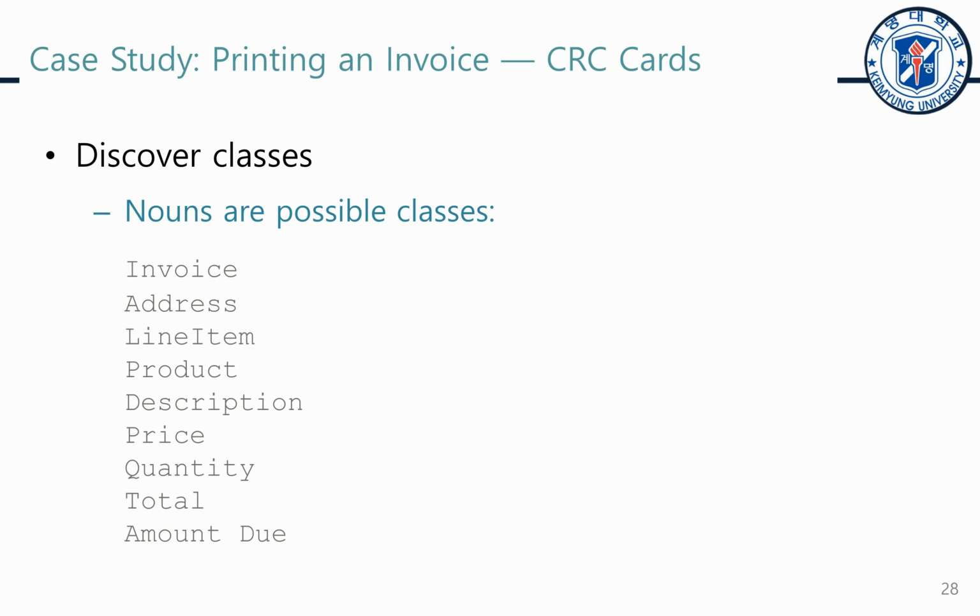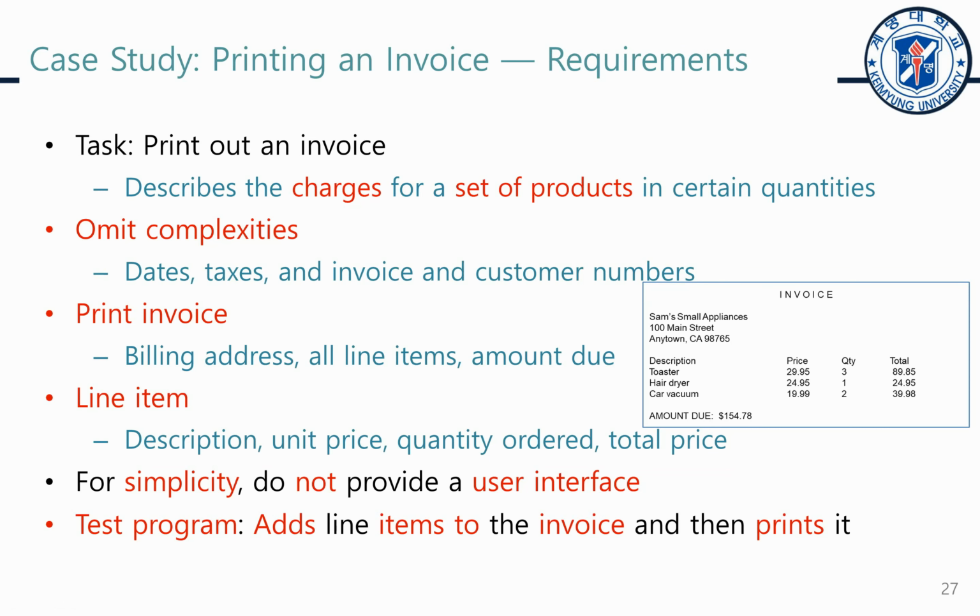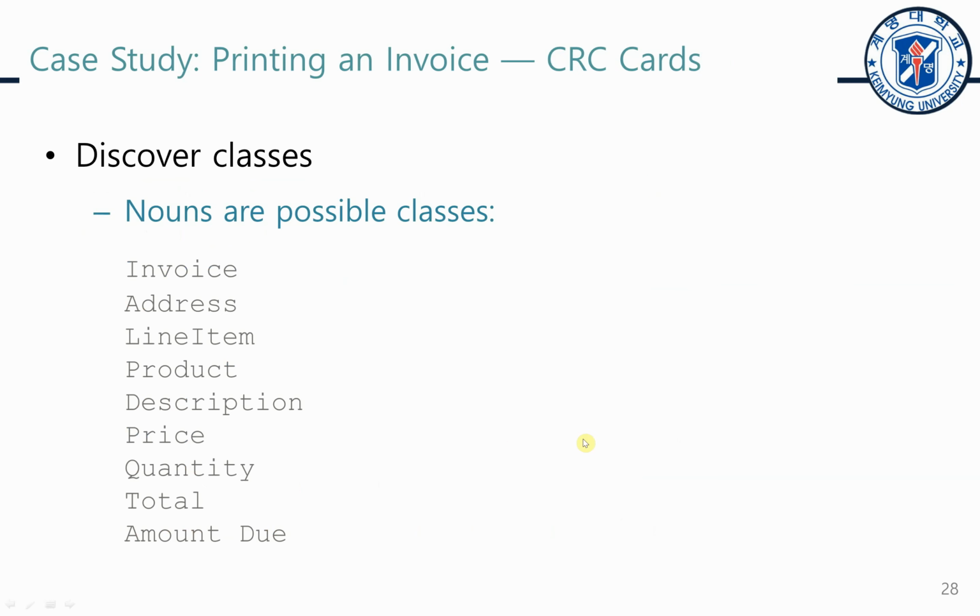So how can we discover what classes we should use for this program, or which classes we should design in order to create an invoice like this? When we are given some job to develop a program, the first thing is to discover classes. How do we discover classes?